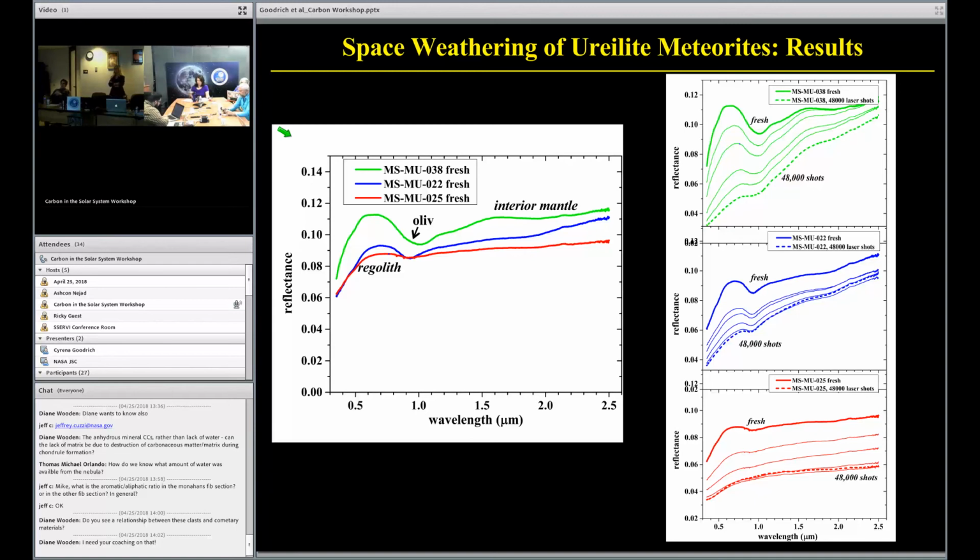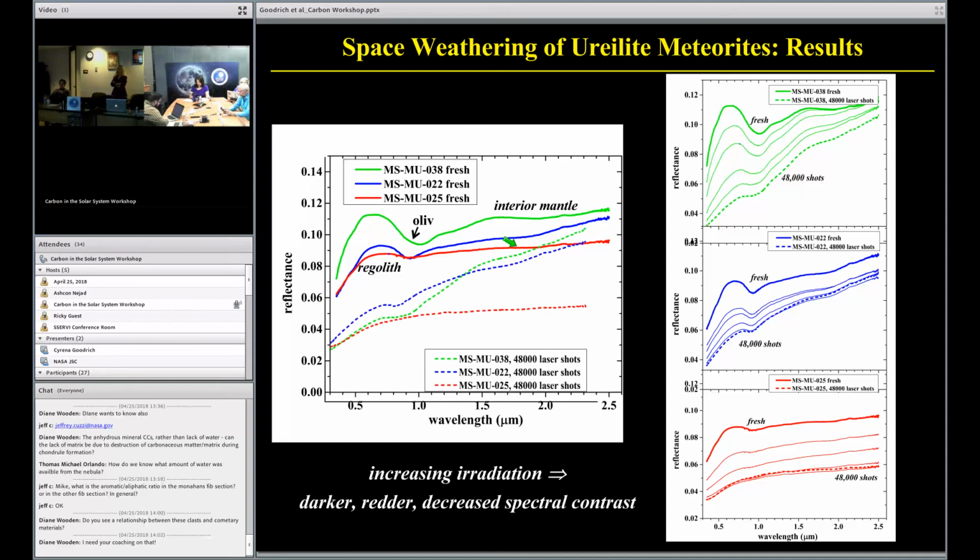Now you can see there's already variation amongst the fresh samples, with the most mantle-like sample showing the highest reflectance and a strong, very clear olivine absorption band, and the most regolith-like sample having the darkest spectrum and a much flatter spectrum with very little absorption features showing up. Comparing those to the most irradiated spectrum for each one, you can see that with increasing irradiation, all 3 samples became darker, redder, and showed decreased spectral contrast.